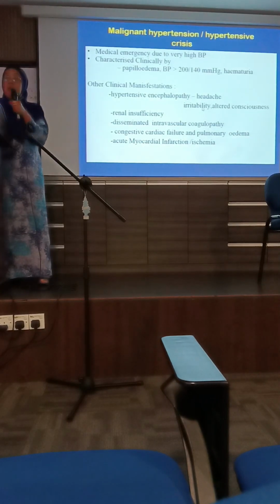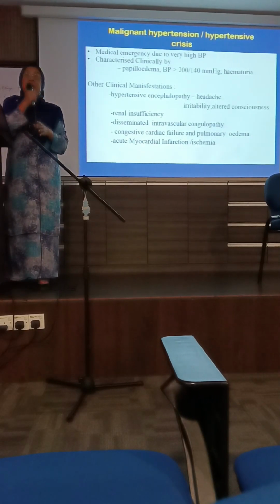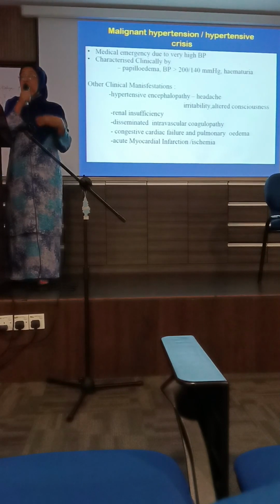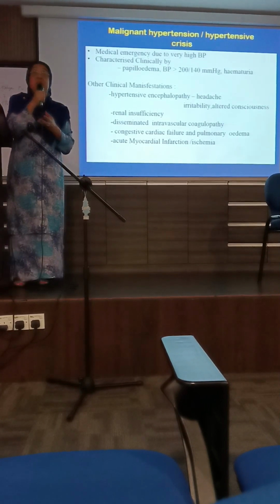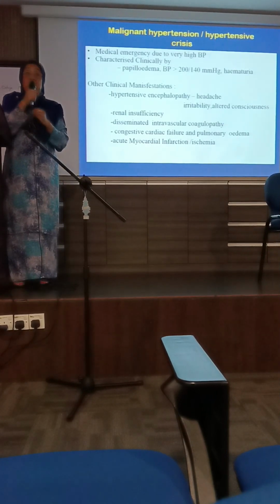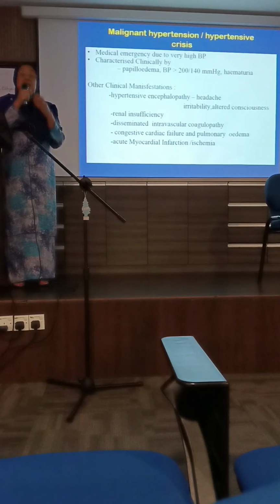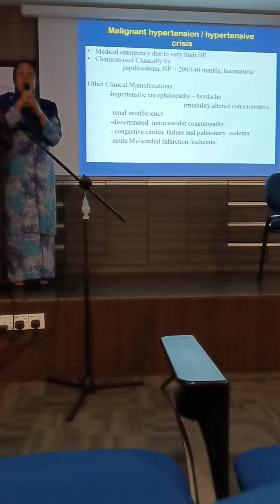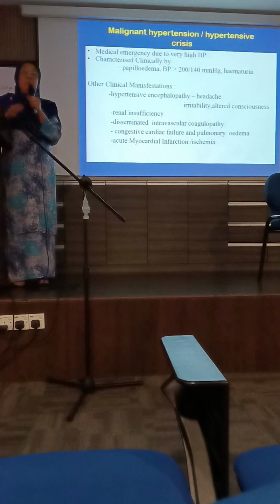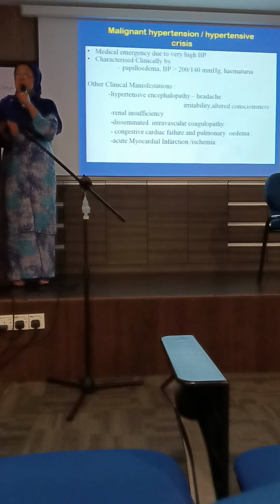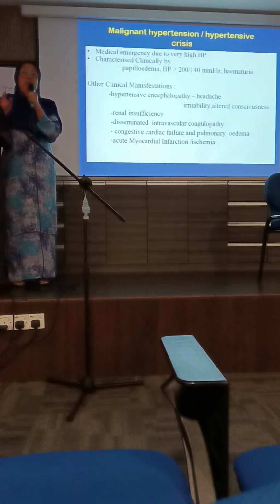Now, this is a special mention, malignant hypertension, meaning when the BP is very, very high, usually when the patient is not compliant to treatment. Very, very high BP is a medical emergency.